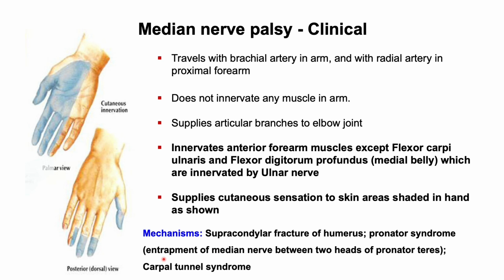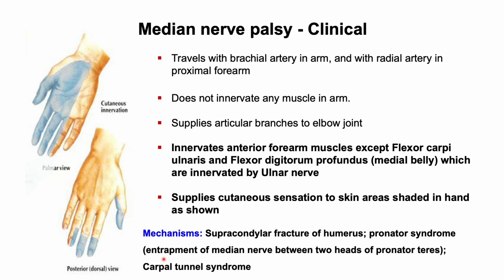The other common cause can be pronator syndrome. When I was explaining the course of the median nerve, you may remember that the median nerve passes between the heads of the pronator teres. There can be a nerve entrapment syndrome caused by compression of the median nerve near the elbow.